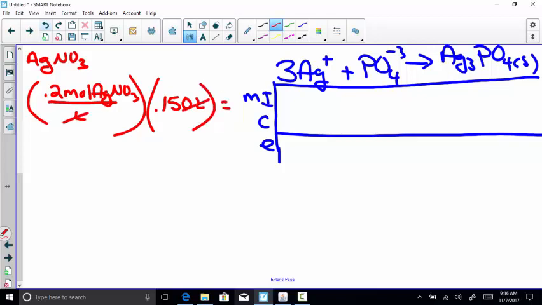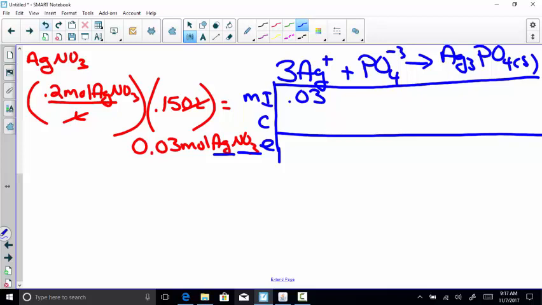So we can calculate this out to be 0.03 moles of AgNO3. And because in AgNO3 everything is a 1-to-1 mole ratio, we would know that we have 0.03 moles of Ag.